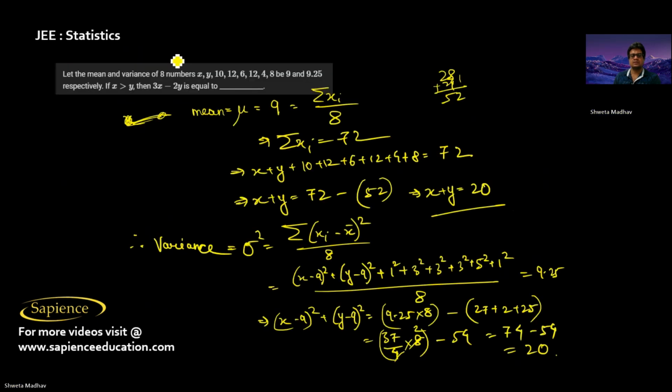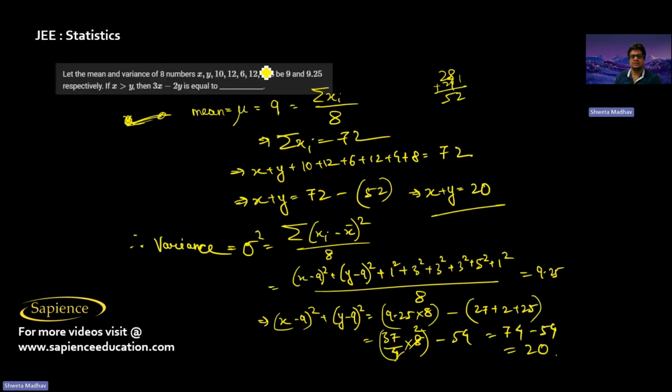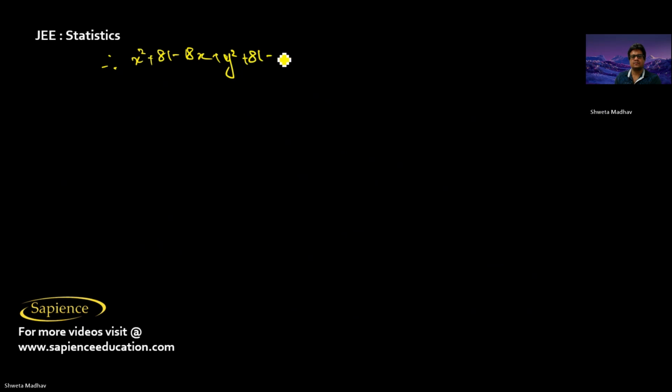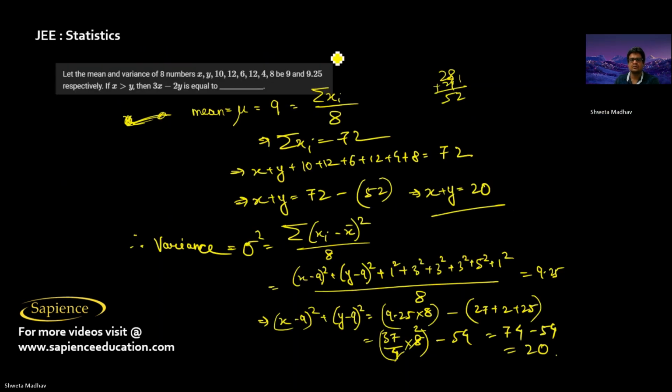Now, therefore, I can say x square plus 81 minus 18x plus y square plus 81 minus 18y is equal to 20.